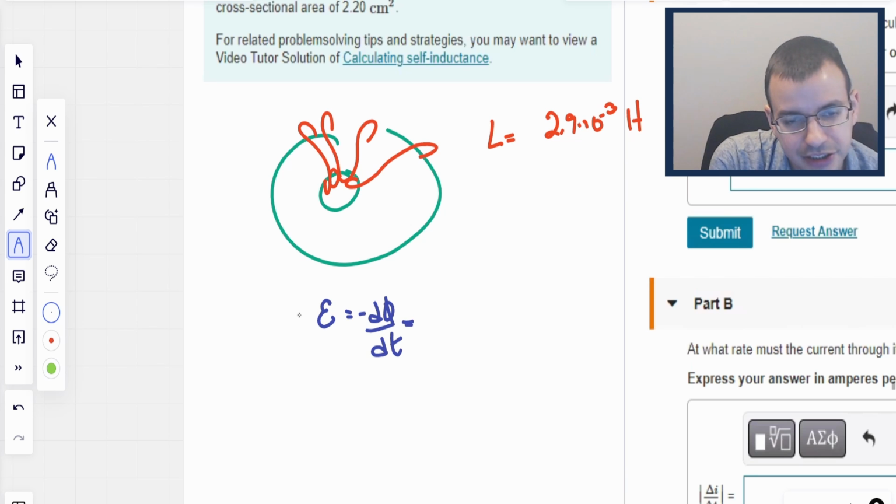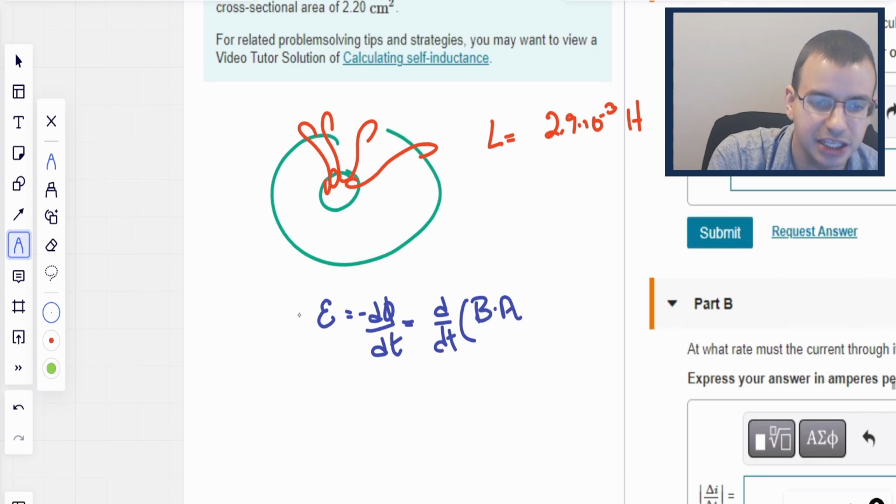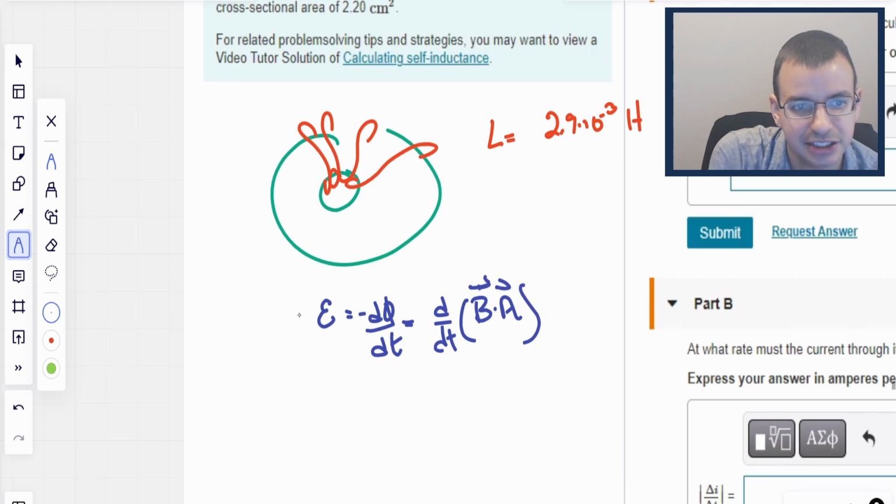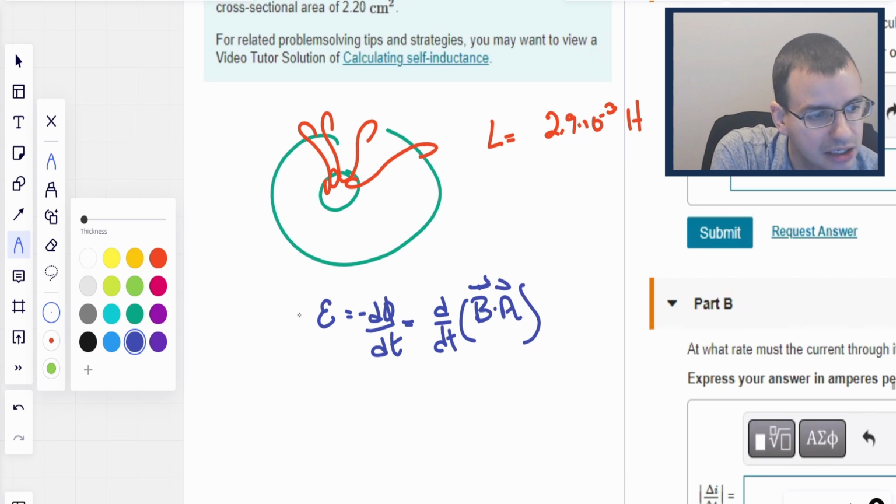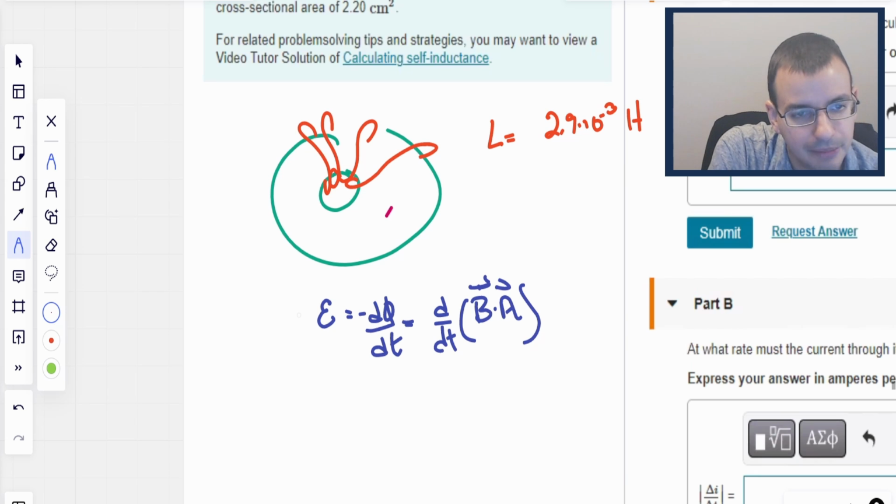And flux is the magnetic field dot the area vector. In this case, the magnetic field is going this way, and the area is just going to be these cross-sectional areas here.